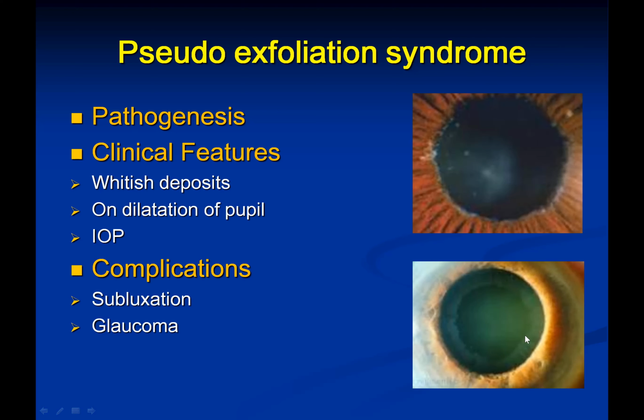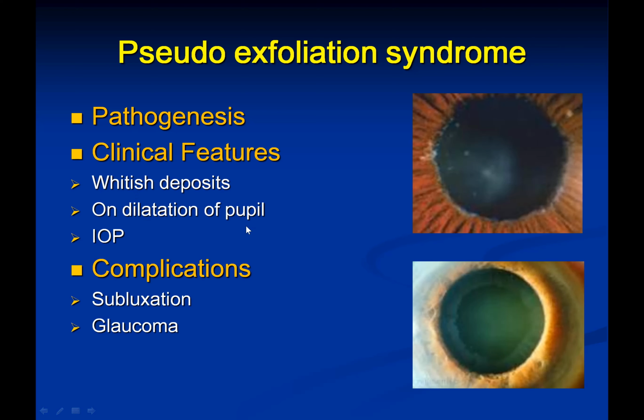Sometimes they deposit on the back of the cornea as well. These deposits in the angle of the anterior chamber will cause occlusion of the angle and raised intraocular pressure, leading to glaucoma, secondary glaucoma, previously known as pseudoexfoliation glaucoma. So these are the problems. White deposits I discussed.